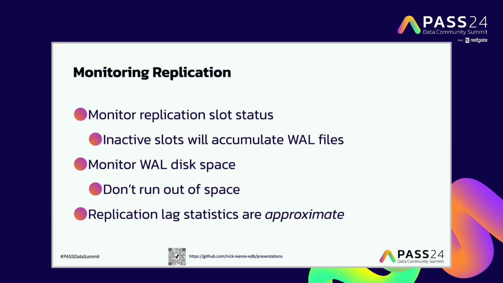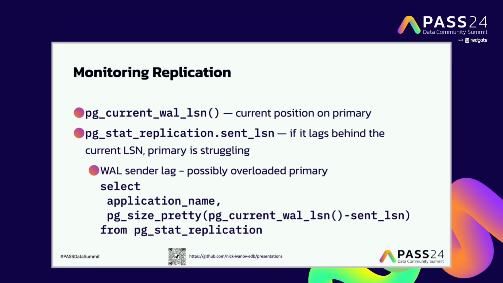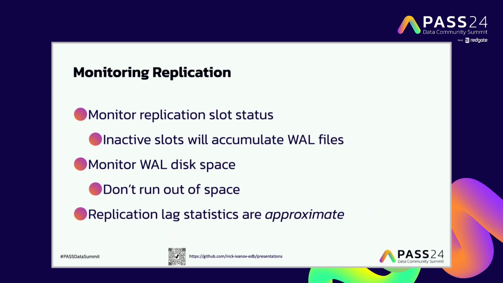And here we speak about monitoring the replication. There are several built-in views in Postgres that show you the replication status, which LSN has been sent, which LSN has been received, applied, and so on. So you can monitor the lag of your replication as it goes, but you need to remember that the replication lag metric is approximate.